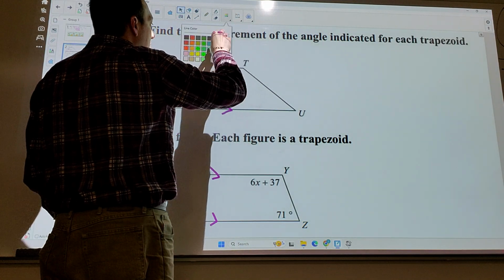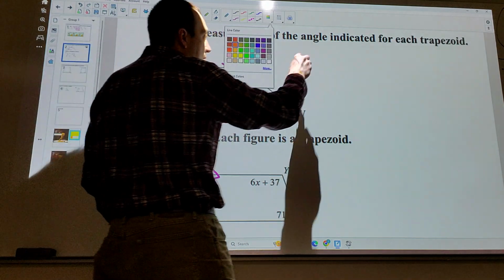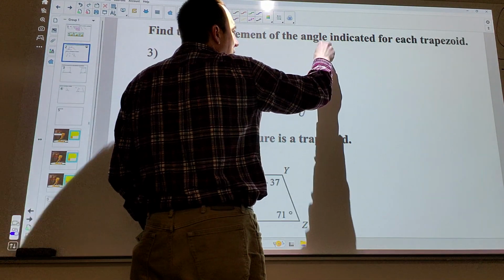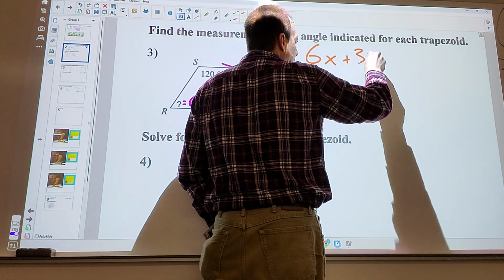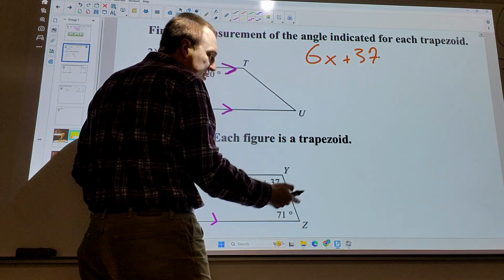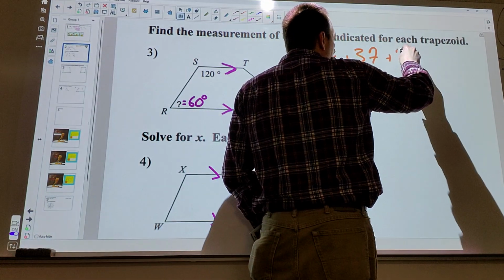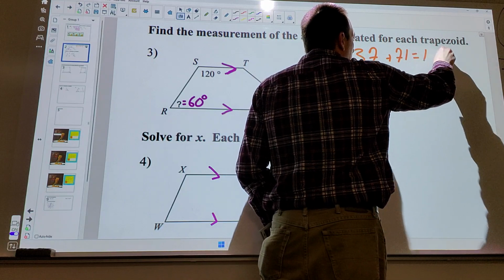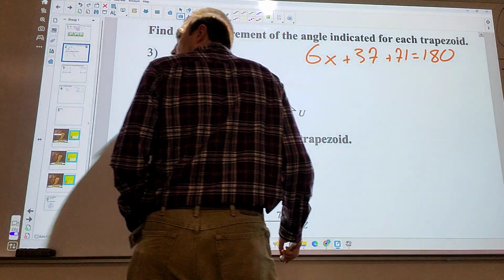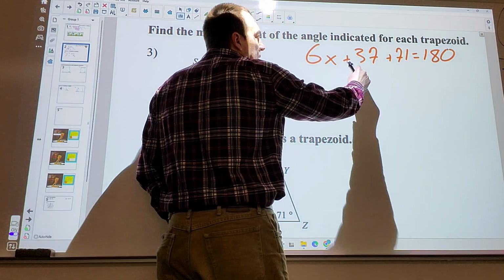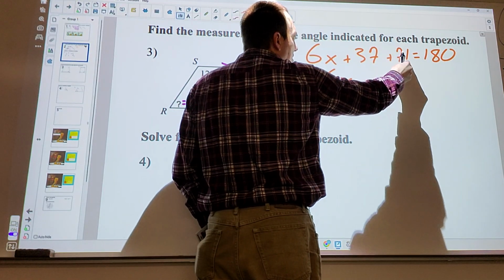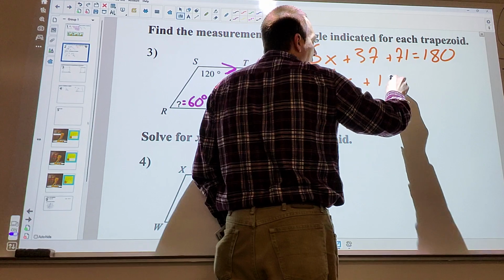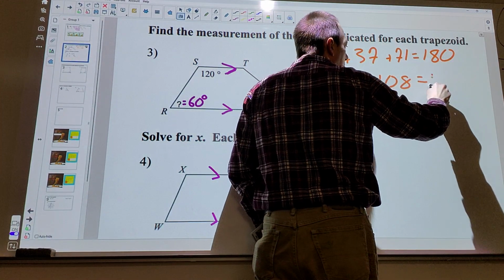Oh, let's get a new color. 6x plus 37 plus 71 equals 180. Combine like terms, so that's going to be 6x plus 37 plus 71, I believe, is 108 equals 180.